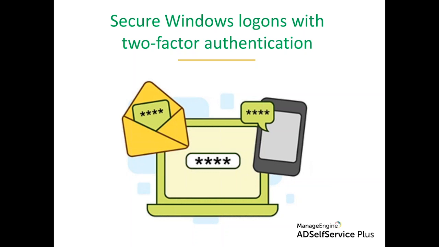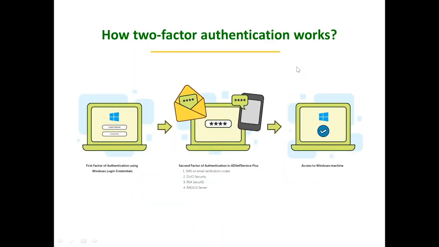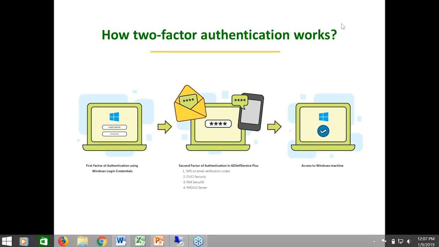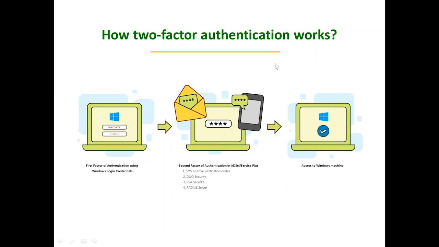All right, with that said, I'm going to quickly jump into talking about how two-factor authentication works. I'm pretty sure you're aware of how it works. You would have probably experienced two-factor authentication with a lot of applications, let's say banking related applications, online applications. But today we're going to be focusing on the importance of having two-factor authentication in place.